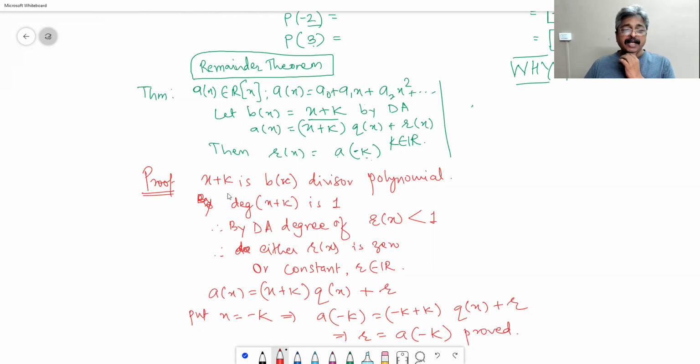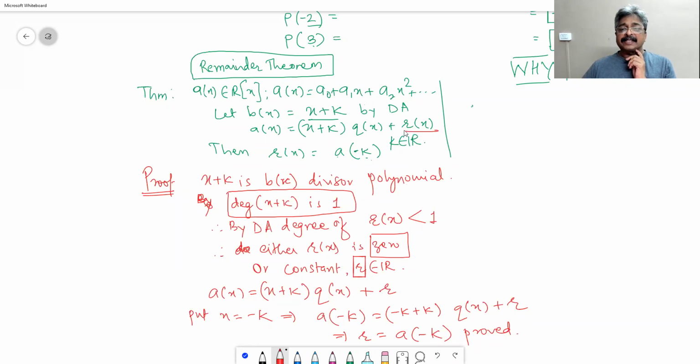Because the degree of x plus k is 1, you don't have any choice but to have a constant as a remainder. If x plus k divides a of x, then the constant will be 0. Else it will be a real number r.